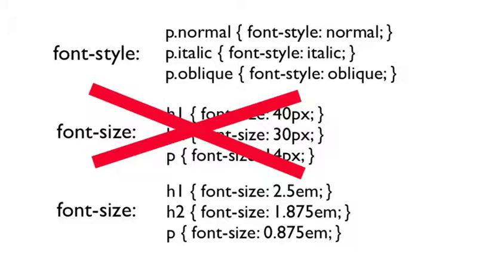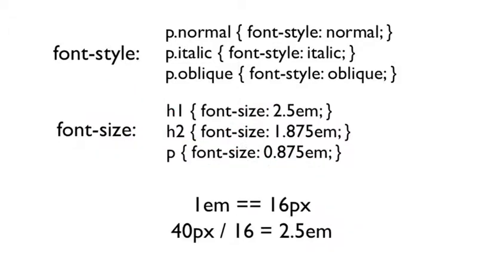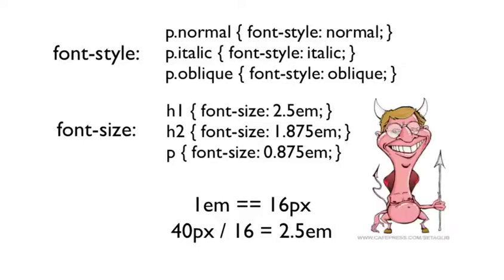What it is, is one EM is equal to 16 pixels, and so basically 40 pixels for the H1 would actually turn out to be 2.5 EM because 40 divided by 16 equals 2.5. So the reason that we need this is because of our friend Bill Gates.